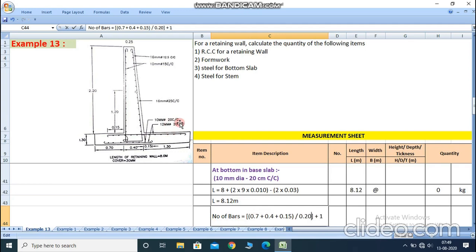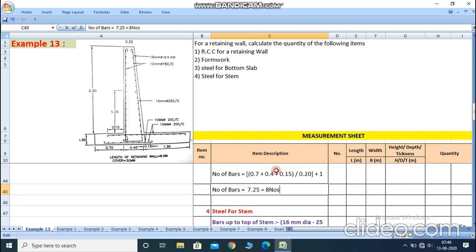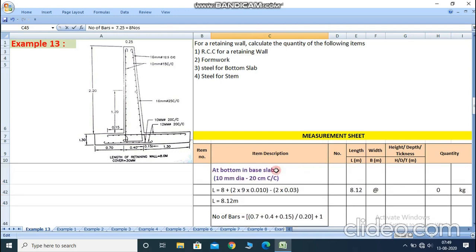So write here 0.20. The number of bars we calculated is 7.25, so as a round figure we take 8 bars at the bottom of the slab.